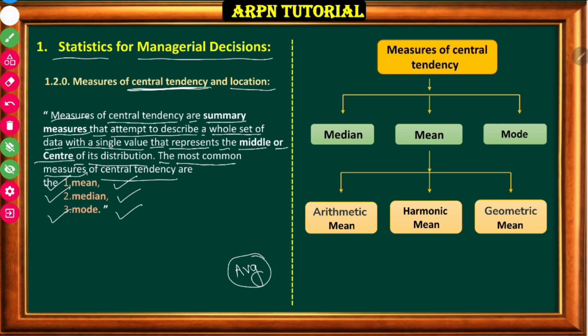Okay, so if I take the example of 10 data points, we can simply find out the tendency by doing some mathematical calculation.